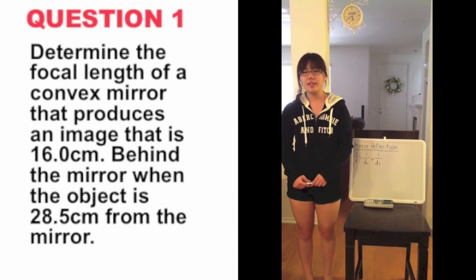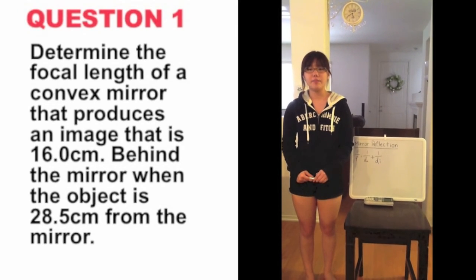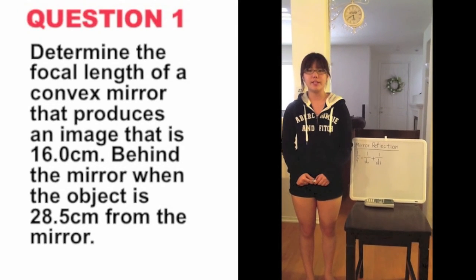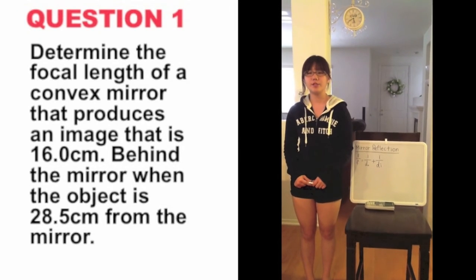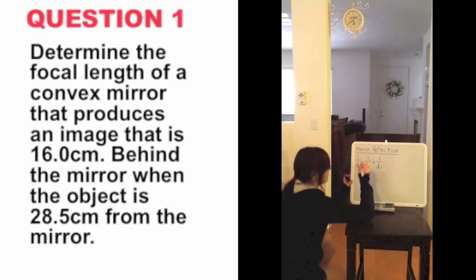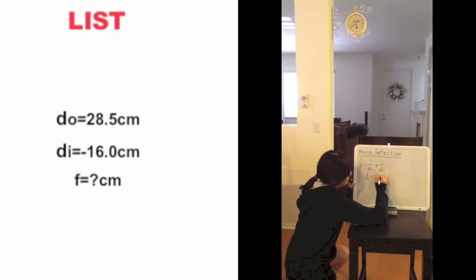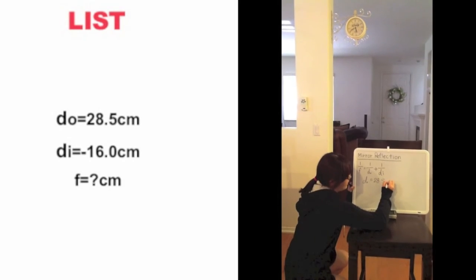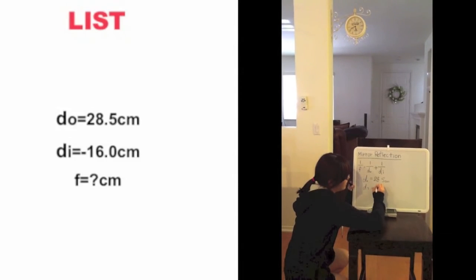Determine the focal length of the convex mirror that produces an image that is 16 cm behind the mirror when the object is 28.5 cm from the mirror. This one, distance of object is 28.5 cm and distance of image is negative 16.0 cm.